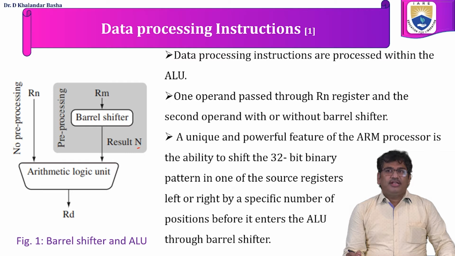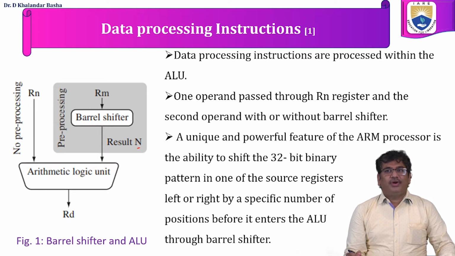The data processing instructions are processed within the ALU. One operand passes through the Rn register and the second operand with or without the barrel shifter.